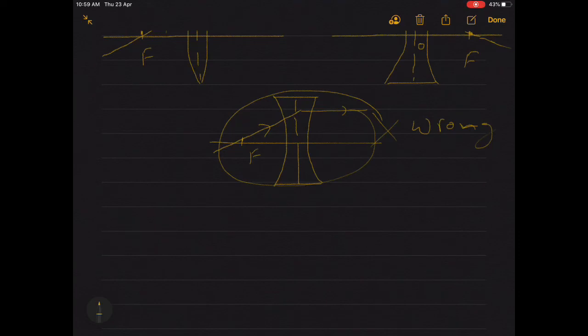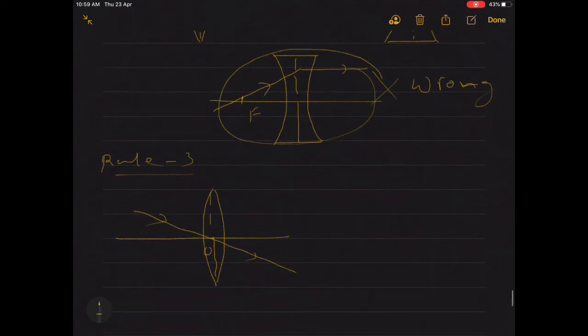The third one is very simple. If the ray passes through the optical center, it goes straight. So I just take this ray in this way.